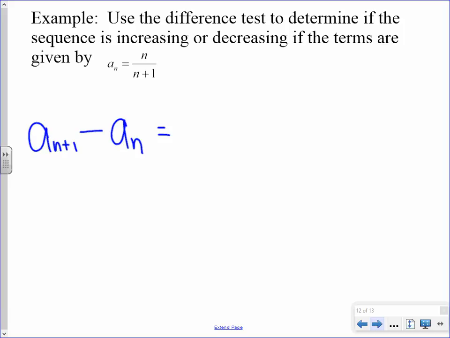So a sub n plus 1 would be n plus 1 over n plus 2, and then we're going to subtract a sub n. Common denominators, right?